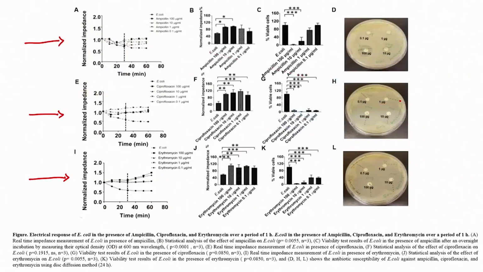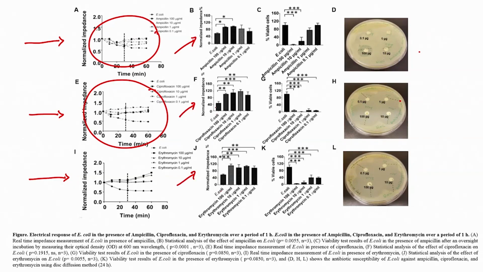The antibiogram assay you can see here for different concentrations, 0.1 microgram to 200 microgram in all 3 cases, and this is our gold standard. We are comparing the results with our gold standard. We have also done the viable cell studies, and whatever impedance values we get here, we have normalized them. This is the normalized impedance plotted for E. coli, which is our control sample, and then E. coli captured with ampicillin of different concentrations, and we can see the effect of antibiotics by looking at the impedance change.